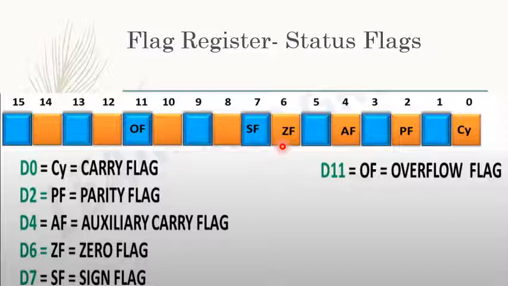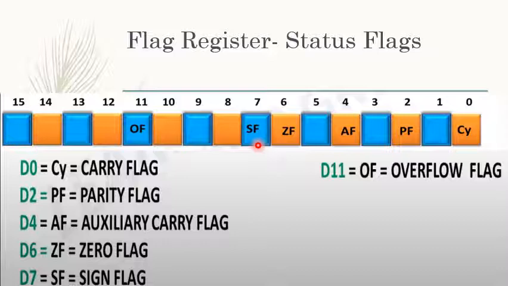Bit D6, zero flag, is set if the result is 0, cleared otherwise. Bit 7, sign flag, is set equal to the higher order bit of the result, that is 0 if positive, 1 if negative.